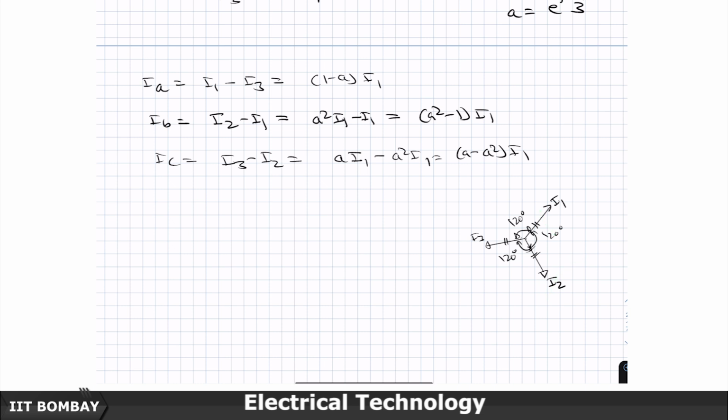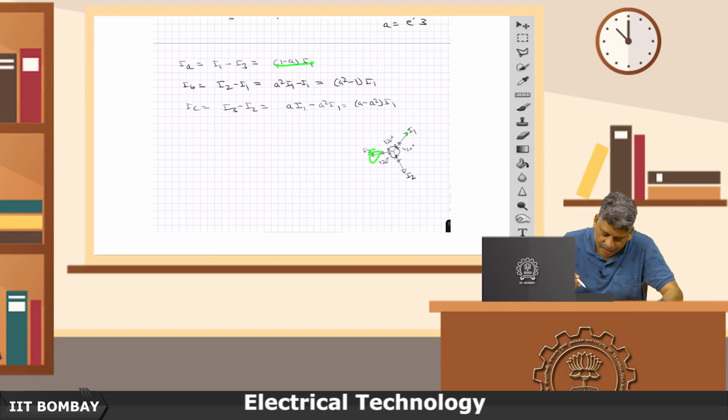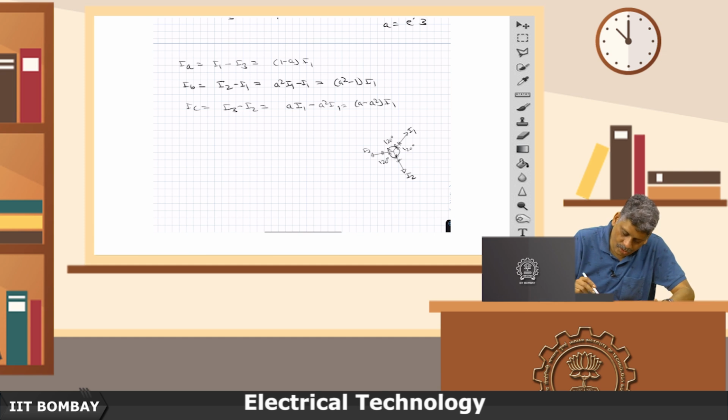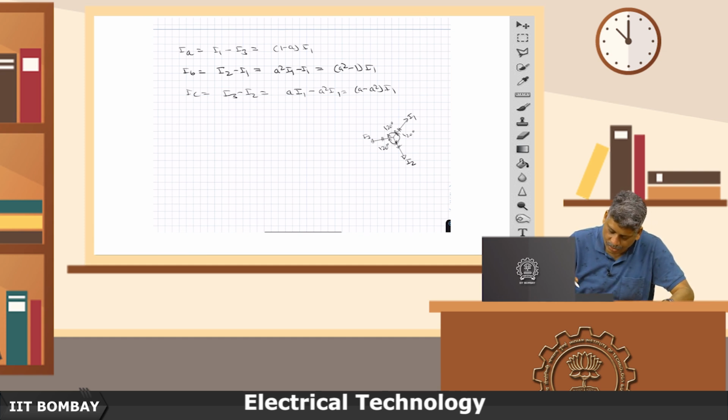So, this is what I have used: I_A is I_1 minus I_3, so 1 times I_1 minus a times I_1 is (1 − a) I_1. I_B is I_2 minus I_1, I_2 is written as a² I_1, minus I_1 is (a² − 1) I_1. And I_C is I_3 minus I_2, so I_3 is a times I_1 and this is a² times I_1. Therefore, (a − a²) times I_1. So, we see this now.